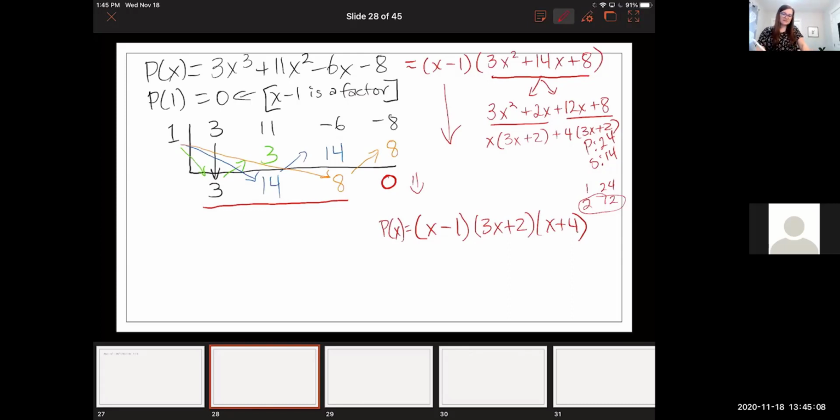Now, there's a difference here. This is called a linear factor. Linear factors start with x minus something, and usually that is right away the zero. So this is a proper factor because it is actually 3x plus 2 to make it.